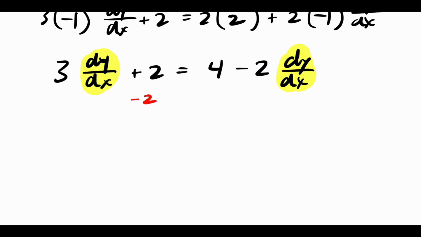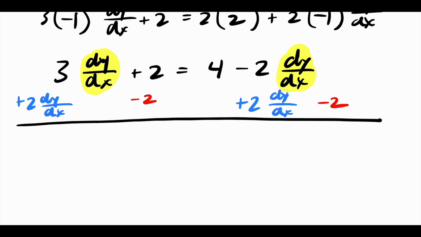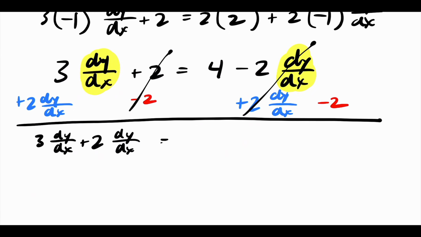So I'm going to subtract 2 from both sides, and I'm going to add 2 dy dx. So I get 3 dy dx plus 2 dy dx equals 4 minus 2.